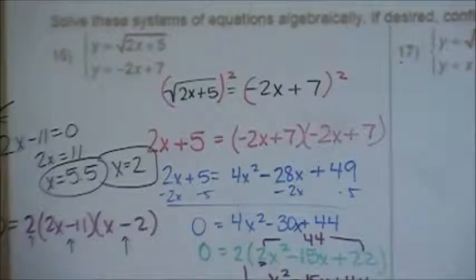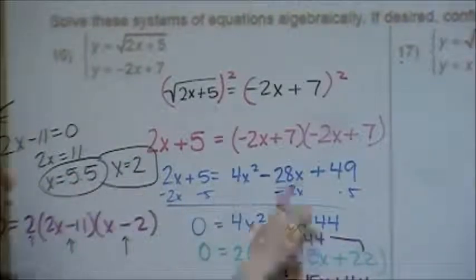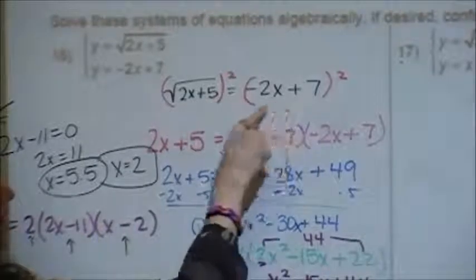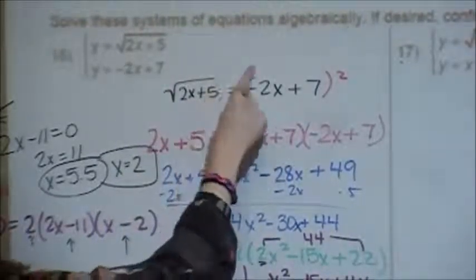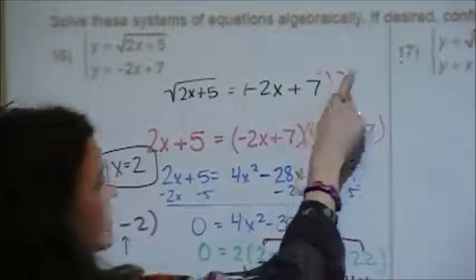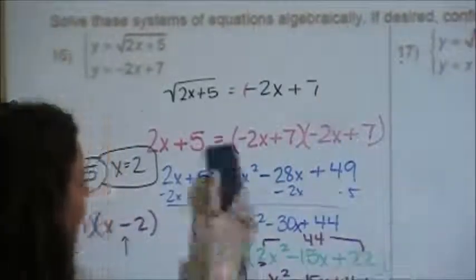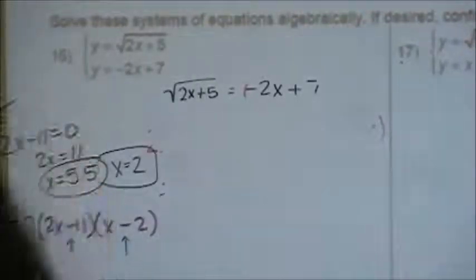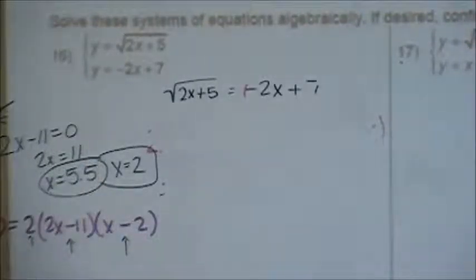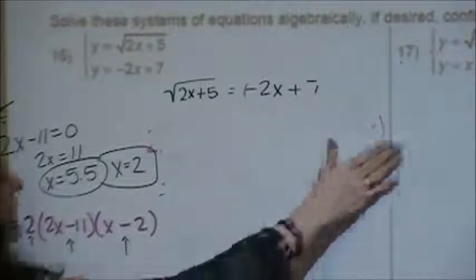So anytime you do an equation that has a radical in it, you have to check your answer. So I'm going to go back and check both my answers, 5.5 and 2, against this original equation, the one that I wrote in black, the square root of 2x plus 5 equals negative 2x plus 7. I'm going to plug them both into that and see if they both work before I even try to find an ordered pair, because there's no sense in me finding an ordered pair if it's not really an answer.